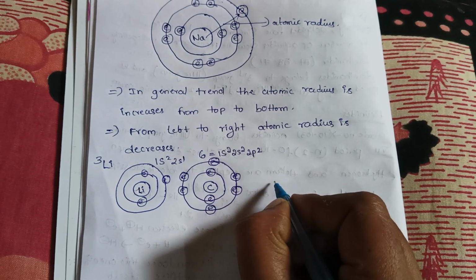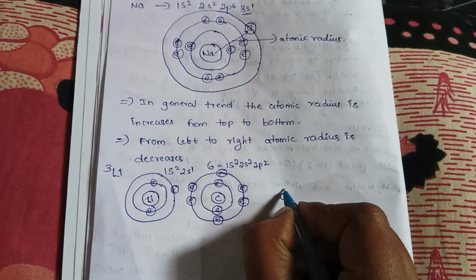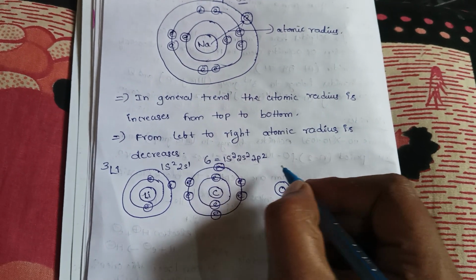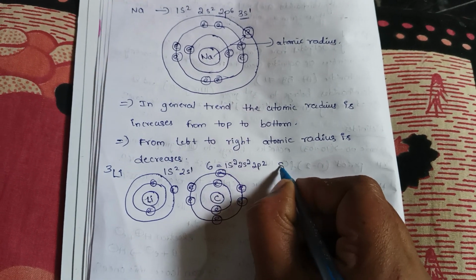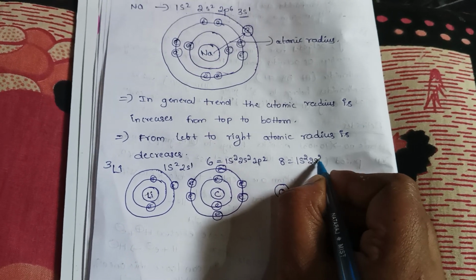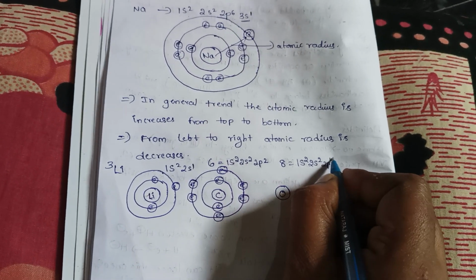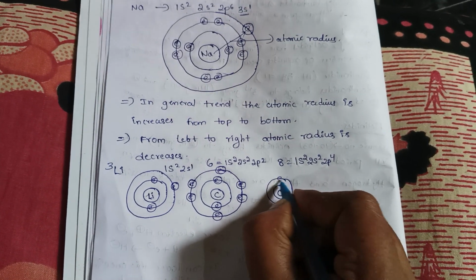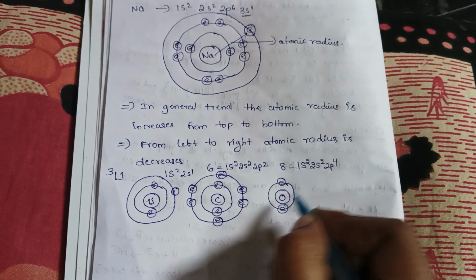If you take one more atom, oxygen, atomic number is 8. Electronic configuration is 1s2, 2s2, 2p4. First shell has how many electrons? 2 electrons.